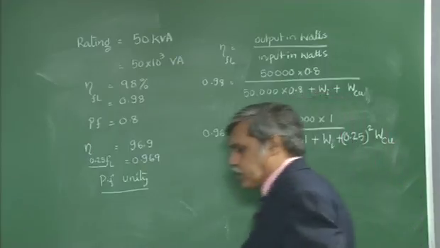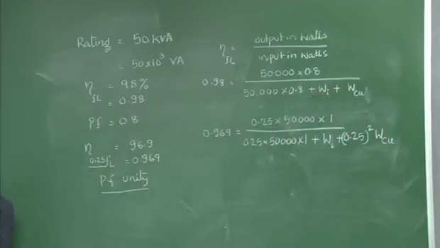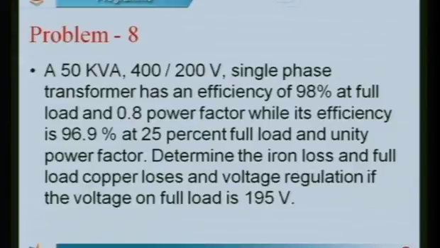full load copper losses. Yesterday while explaining the efficiency, I said the copper losses vary with the load. So when the current varies by 25%, the copper loss will vary by the square of that. For example, if the transformer rated current is 10 amperes, under full load the transformer will be supplying 10 amperes.